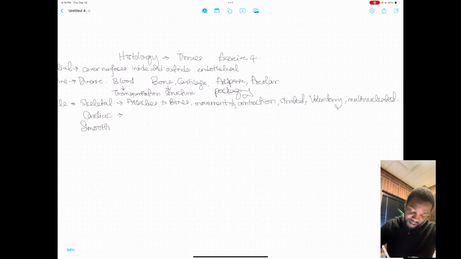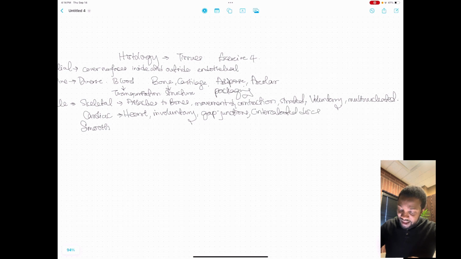Cardiac muscle, found in the heart, is involuntary for the most part. It also has gap junctions and intercalated discs, which allow for unified contraction of the heart. You do not want cells to be beating at different rates.